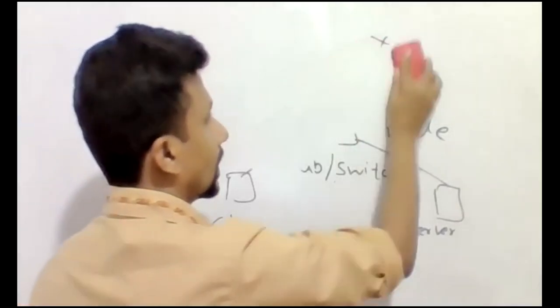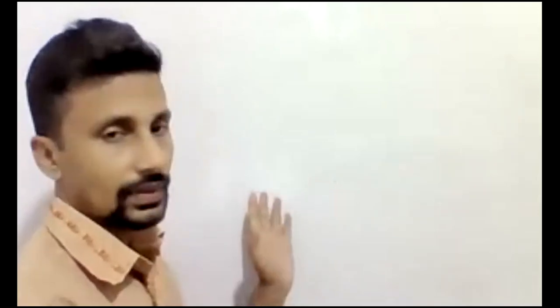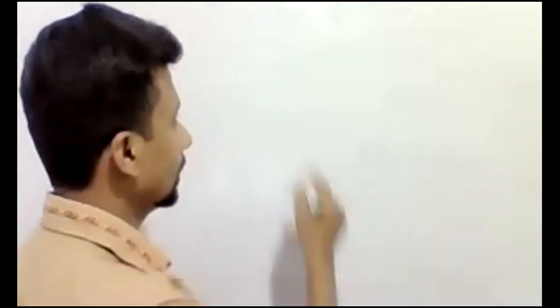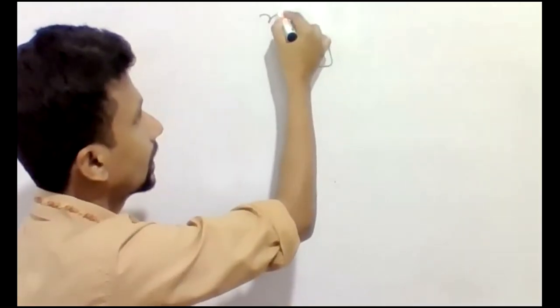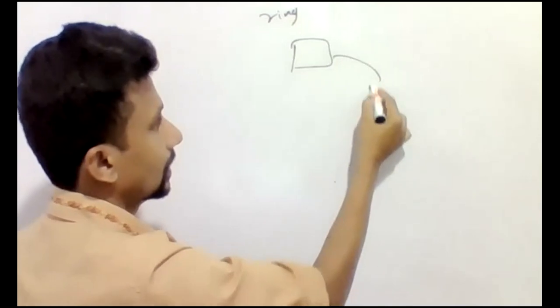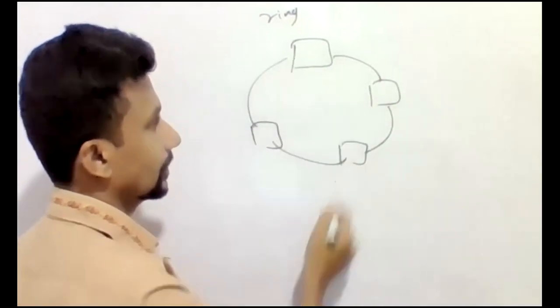Next one I will write down. Now there we can use client computers and the server. You can have one computer as a server, right? Now this is called ring. I'll write here ring topology. Your computers are connecting to each other, right?